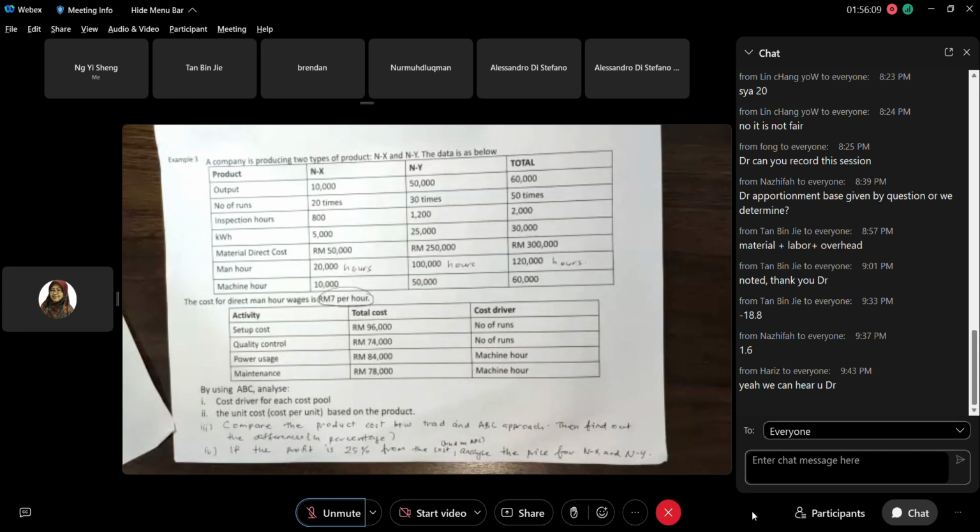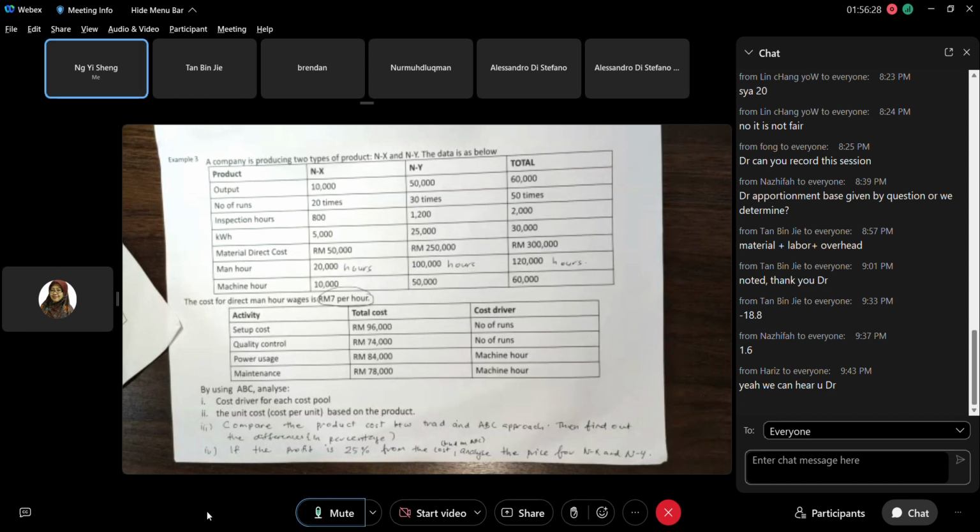Okay, do you get the numbers? What is the materials? Of course, 50,000 for X. Labor? Okay, good. That is labor.